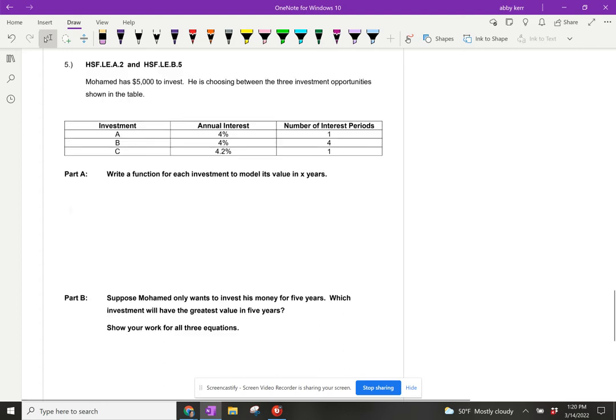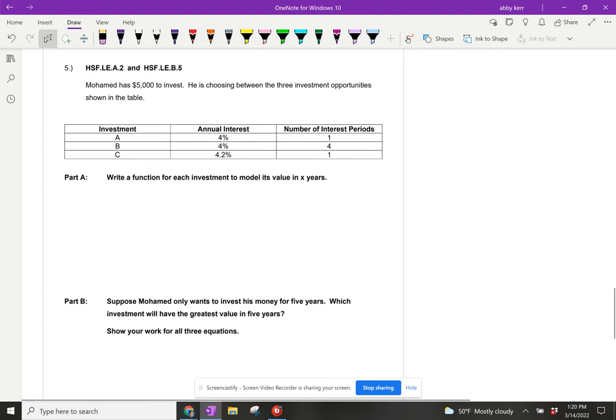All right, for this one, number of interest periods, that's kind of our N value. Make this a decimal. So then our A value, our B investment, our C investment.